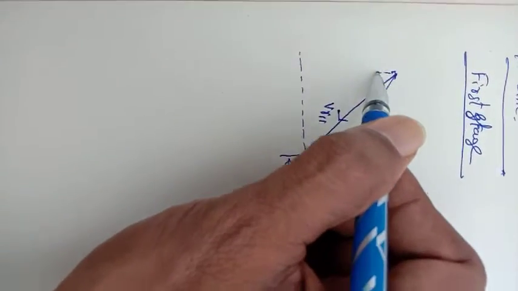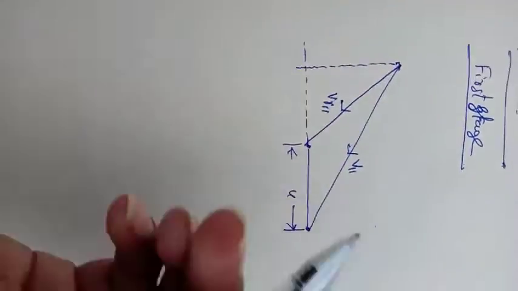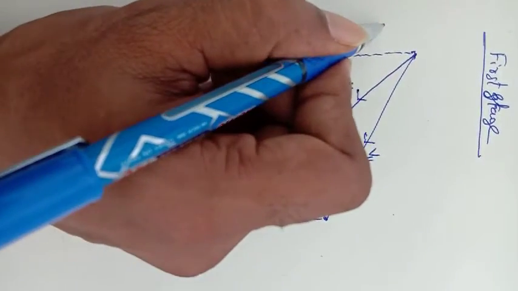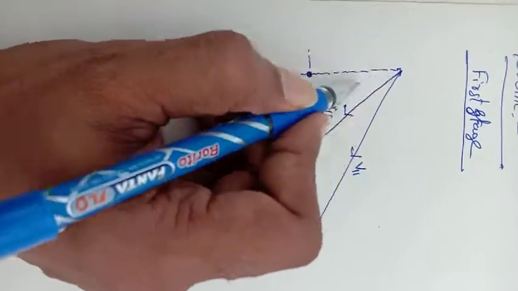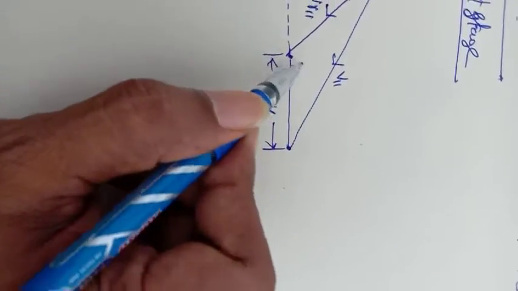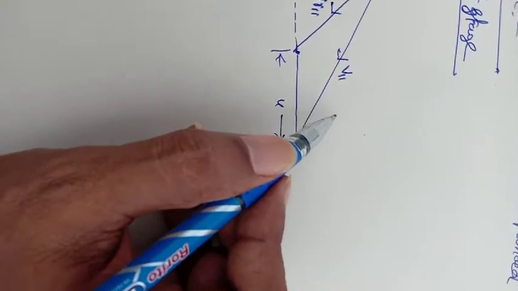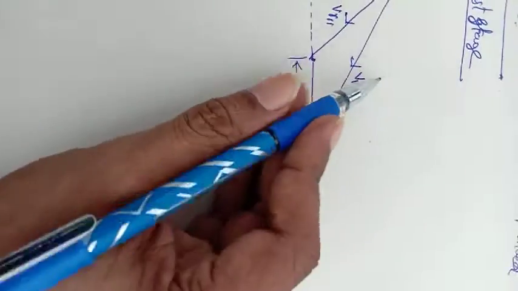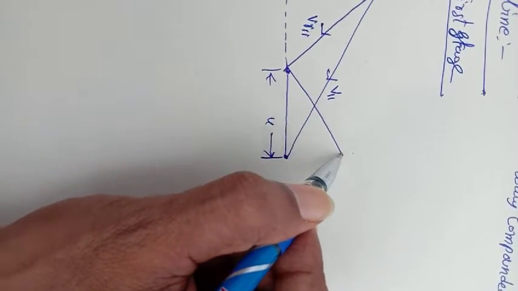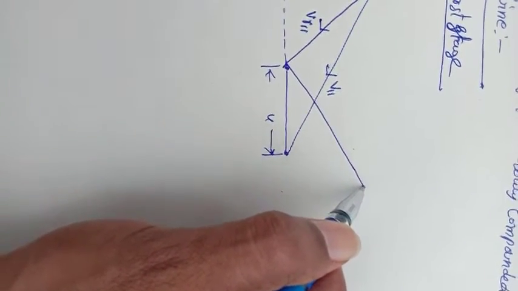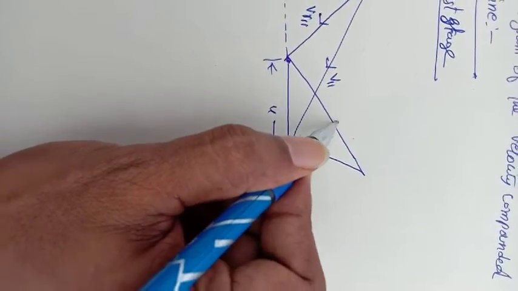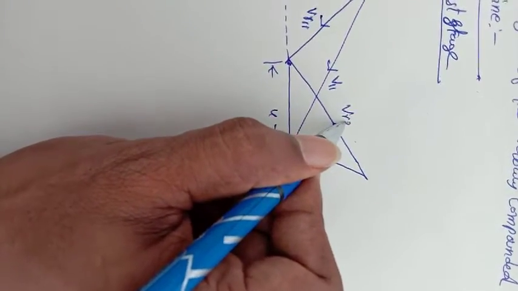Now draw the hidden lines horizontally and vertically. Now this is the point here we fix. The flow velocity is there here, but we will discuss that later. Now this is the exit diagram. This is the real velocity, we know very well.